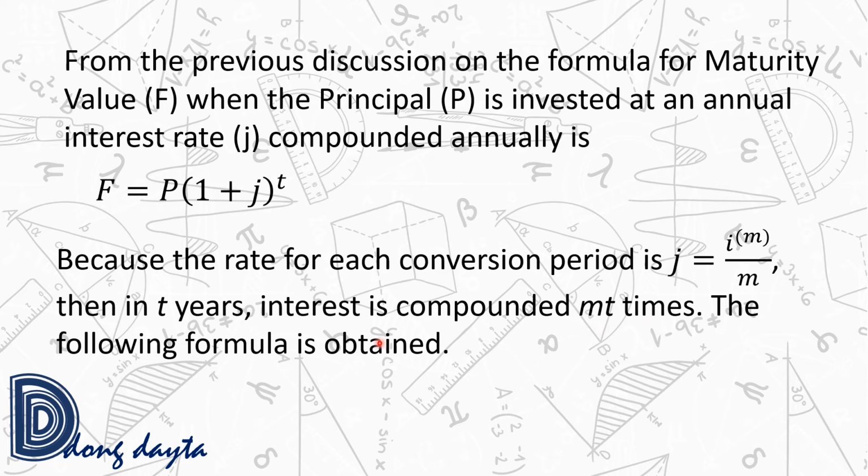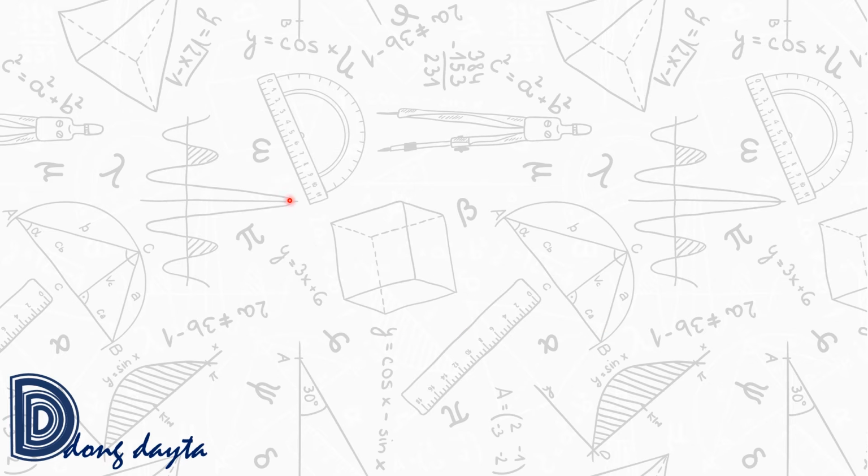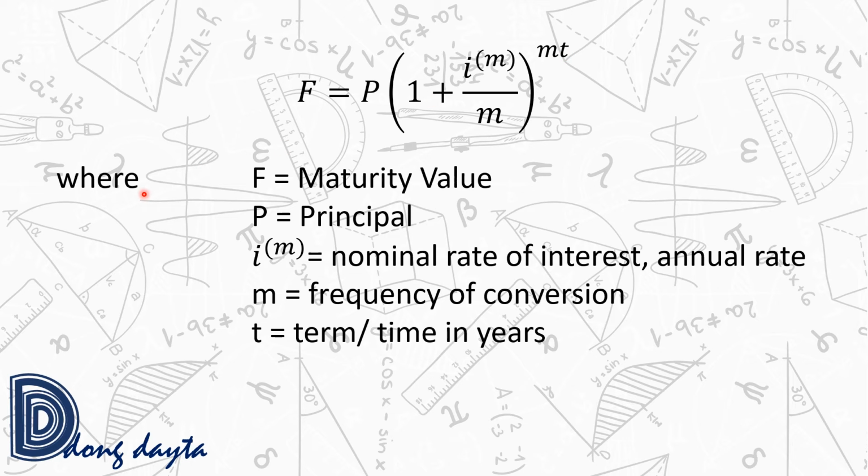The following formula is obtained: F is equal to P times the quantity 1 plus i superscript m over m raised to m times t. In here, F is the maturity value or the final amount or the future value.